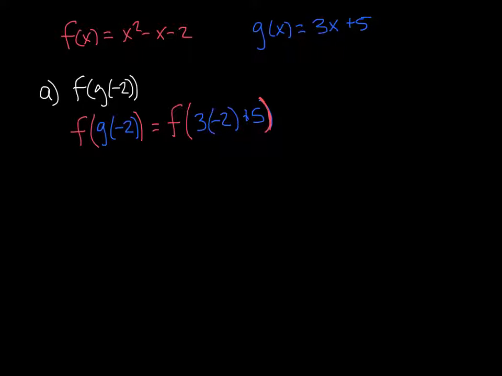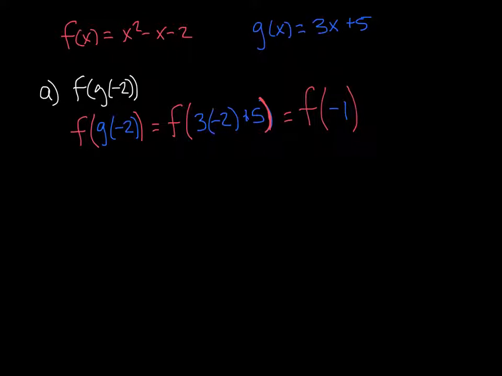Let's do a simplification step. We'll leave the f there, and on the inside it's just going to turn into a -6 plus 5, so a -1. That's what I got out of the g function after I put a -2 into it.